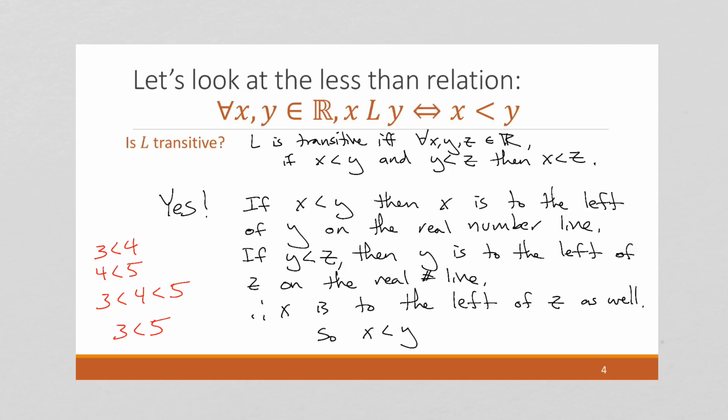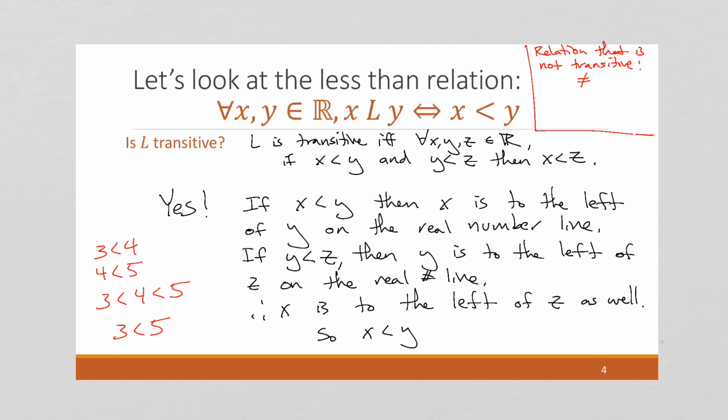So you might ask yourself, can you think of a relation? Every relation we've seen so far has been transitive, or at least between equality and less than. Can you think of a relation that is not transitive? Well, a good example of a relation that is not transitive is not equals.